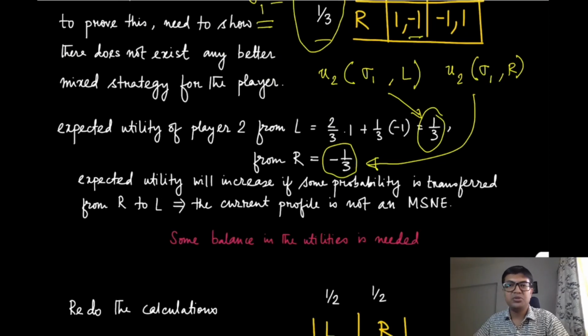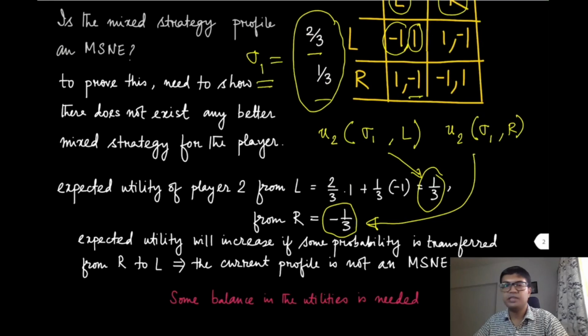Essentially, the whole intuition that I'm trying to give you here is that there needs to be some amount of balance. So here it is 1/3 and minus 1/3. If these two numbers were equal, then there was no reason for player 2 to move its probability mass from one to another. It does not gain anything.